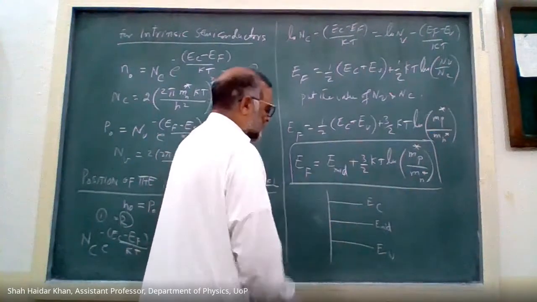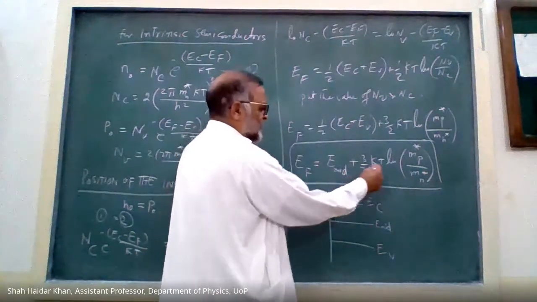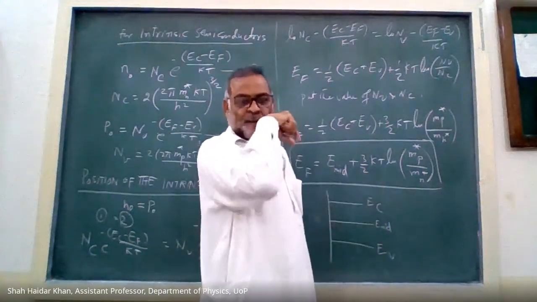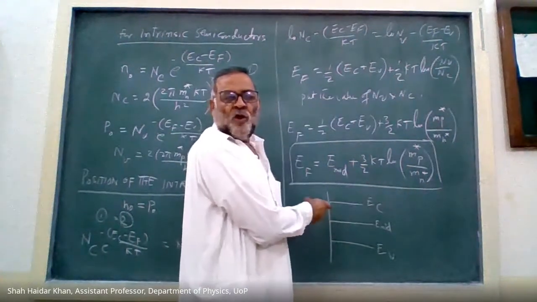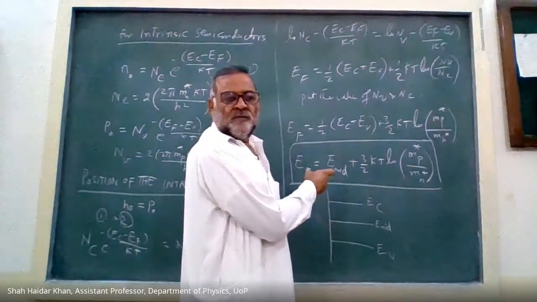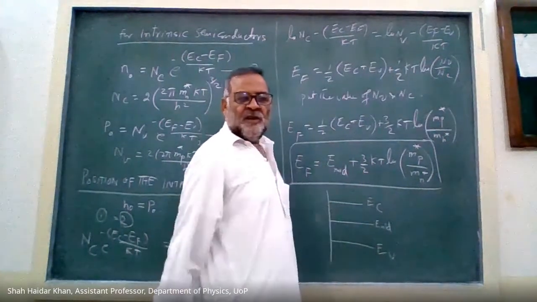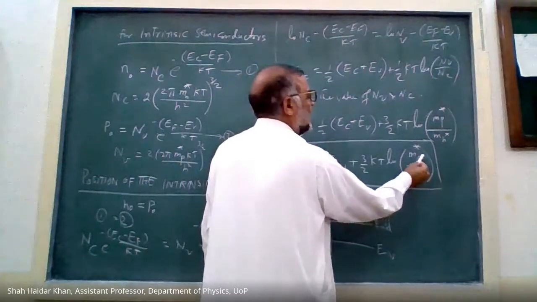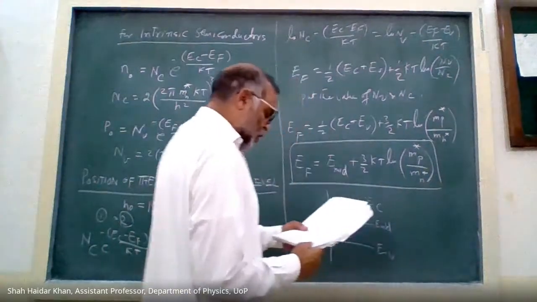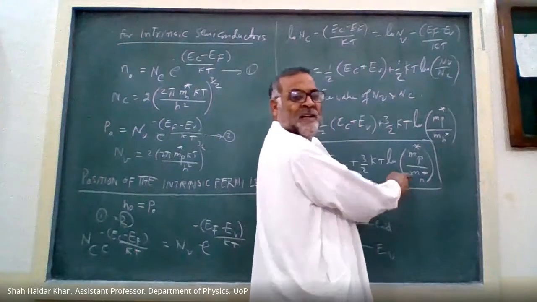I will not put the EF sign here because if the temperature increases, the Fermi level will go a little up. If the temperature decreases, it will go a little down. It also depends upon the effective mass of holes and the effective mass of electrons.